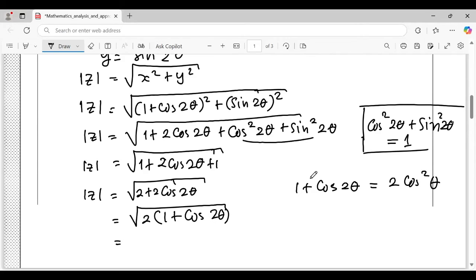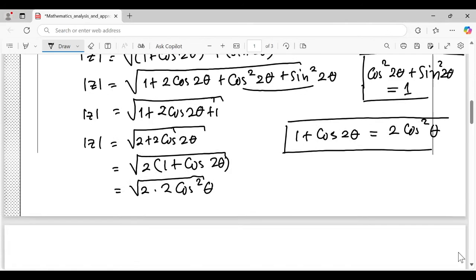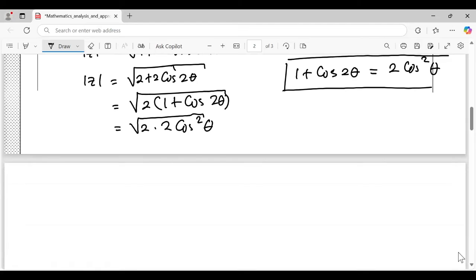Applying this identity, it becomes 2 times 2 cosine squared theta. So it's going to be 4 cosine squared theta.